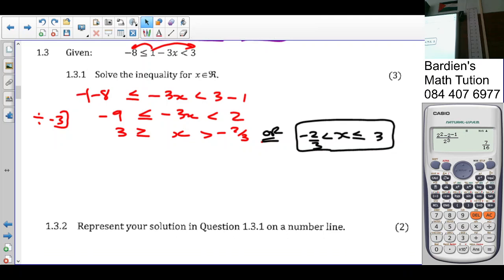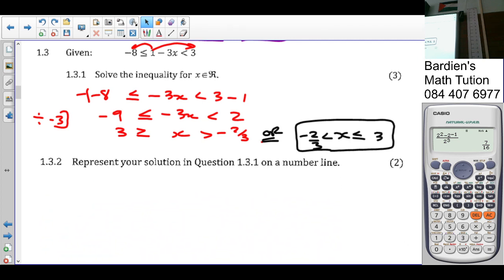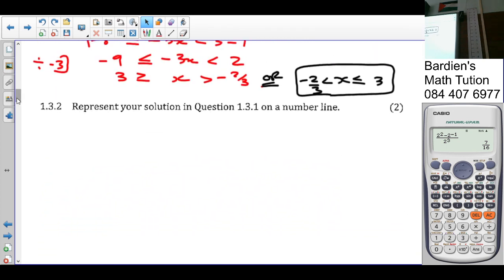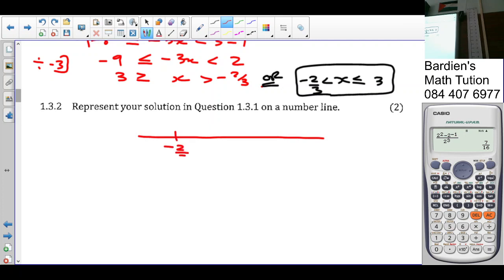Now represent your solution in question 1.3.1 on a number line. So what are the critical values? What are the important values on the number line? Negative 2 over 3 and 3. Would we have an open circle at negative 2 over 3 or a closed circle? Open, because it is not included, it is excluded.